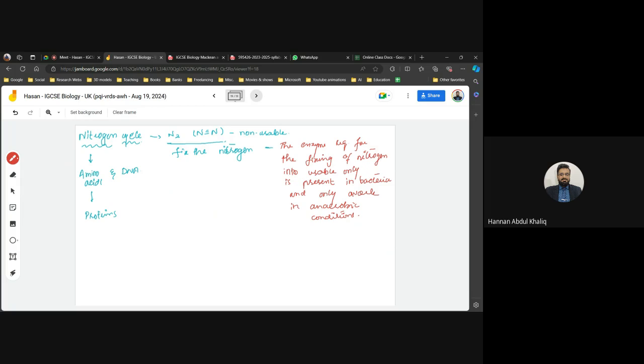But given that nitrogen is one of the most vital forms, you must be aware that you cannot fix it, you cannot make it usable, without anaerobic conditions.